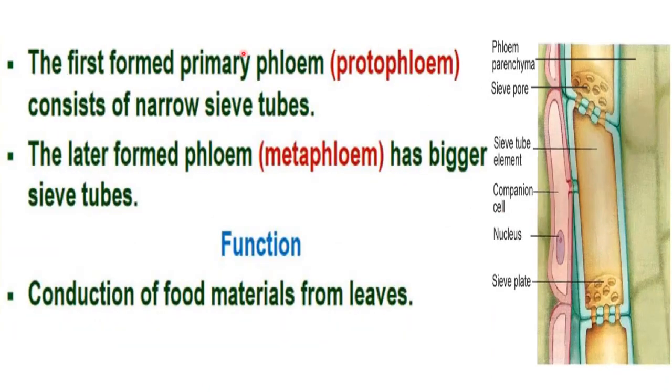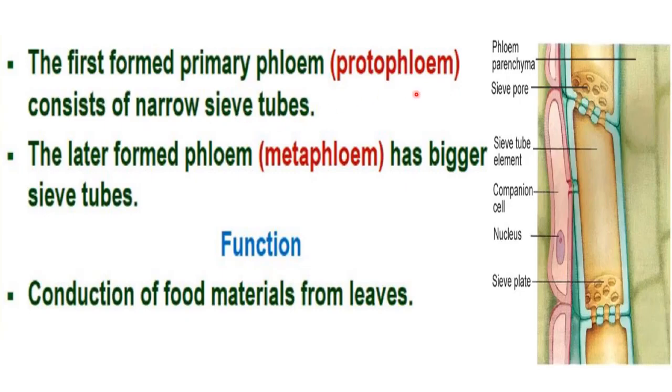Now the first formed primary phloem, like primary xylem, primary phloem is also the phloem which is seen in the early life stages of the plant. So the first formed primary phloem is called protophloem, and consists of narrow sieve tubes. In the later formed phloem, which is called metaphloem, it is like protoxylem and metaxylem, right? The one formed first is called protophloem, and the one formed later on is called metaphloem.